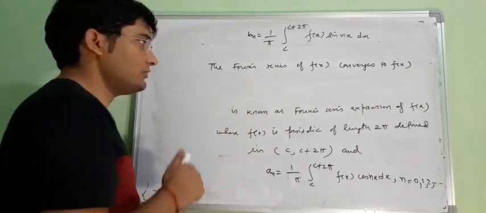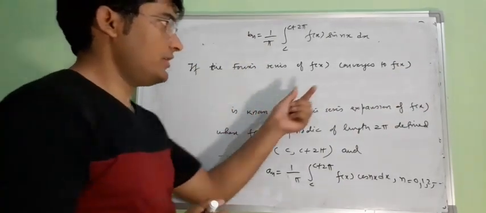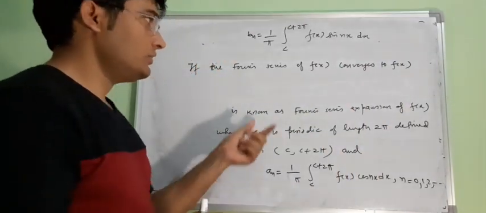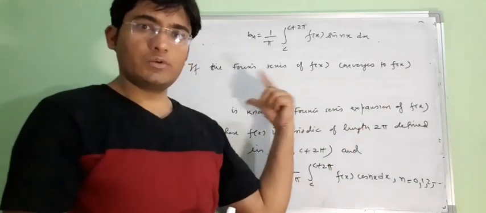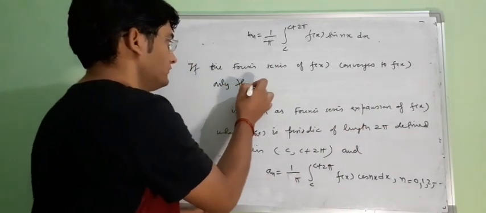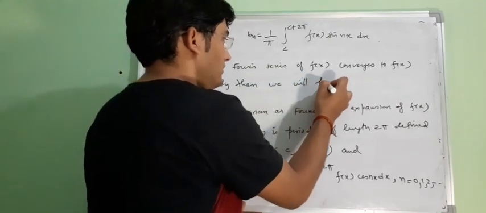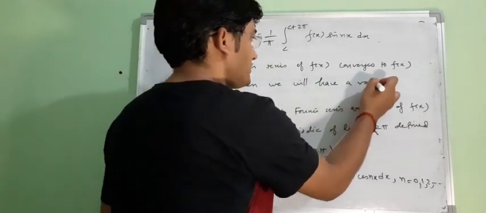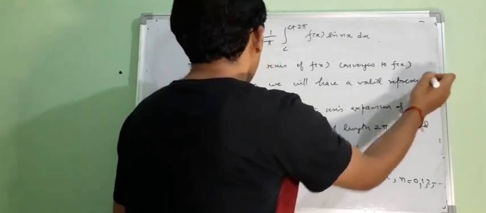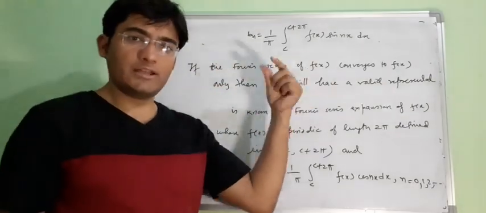Please note that only if the Fourier series of f(x) converges to f(x), then that representation will be valid. Only then we will have a valid representation. So that means the Fourier series should converge to the function f(x).